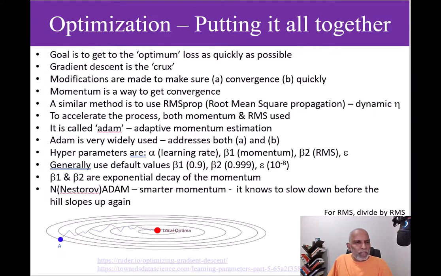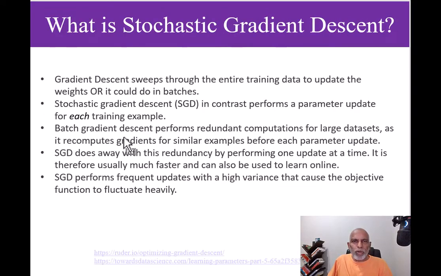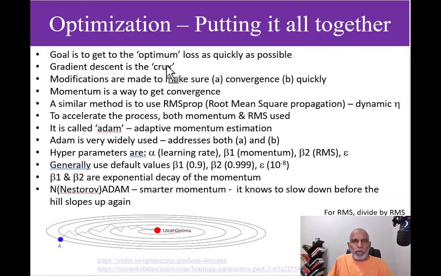Putting all these things together in terms of optimization, the goal is to get the minimum loss as quickly as possible. Gradient descent is the crux. Modifications are made to make sure convergence is happening, and happening quickly. Momentum is a way to get convergence. A similar method is RMSprop, root mean square propagation, where we dynamically change the eta values.